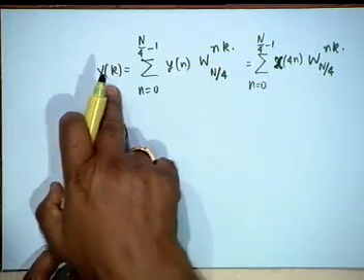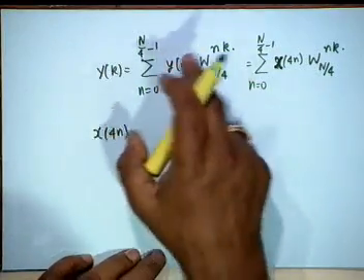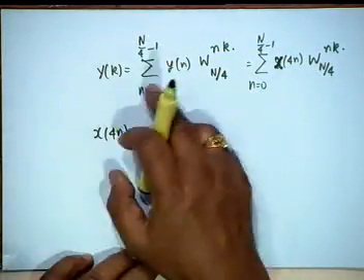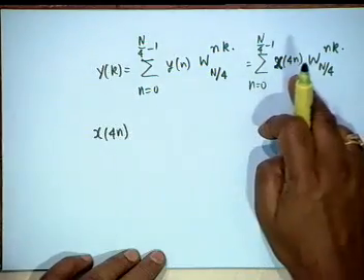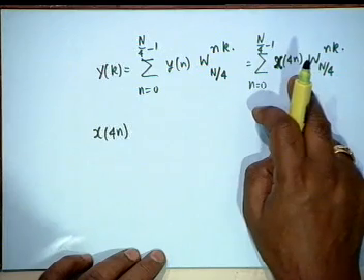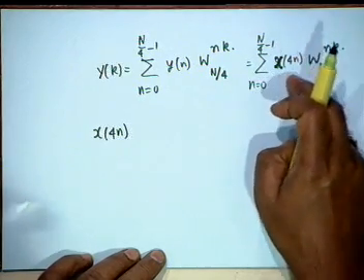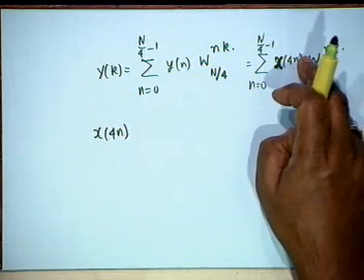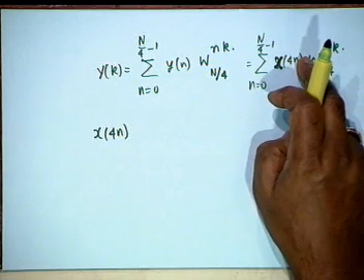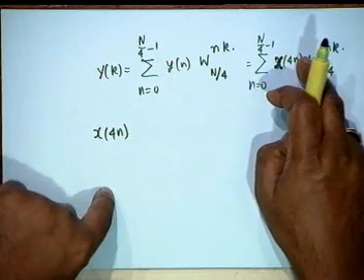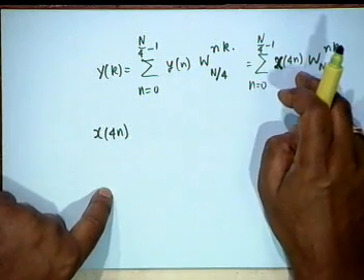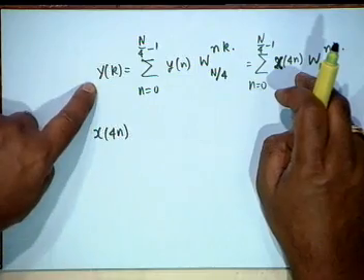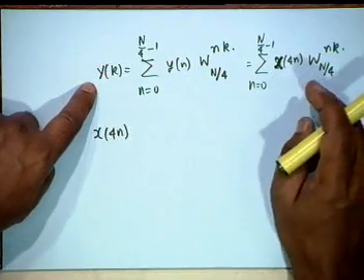The problem is to express Y k in terms of capital X of k. Now we have expressed Y k in terms of x of 4n. From x of 4n, let us bring capital X of k. That is the relationship between capital X of k and small x of 4n. If we substitute that, then we shall get Y k in terms of capital X of k.